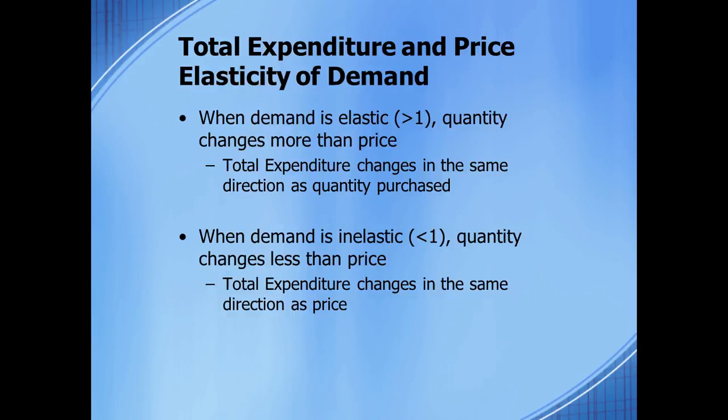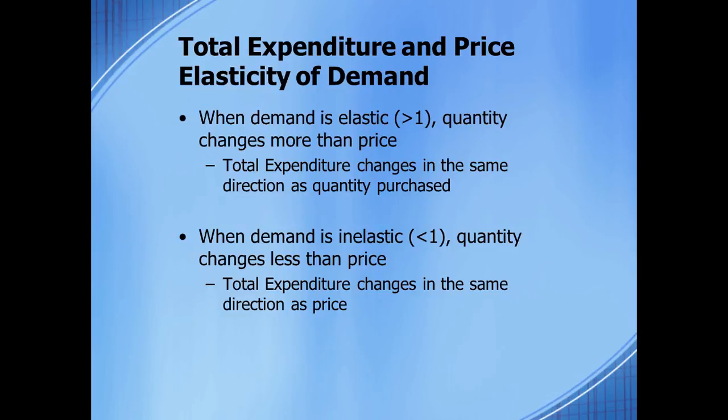Just continuing further on this total expenditure and price elasticity of demand, when the demand is elastic, therefore it's greater than 1, the quantity changes more than the price. So with your elastic products, it's more important that people buy your product. The total expenditure changes in the same direction as the quantity purchased, so the price you get for each unit of the product.